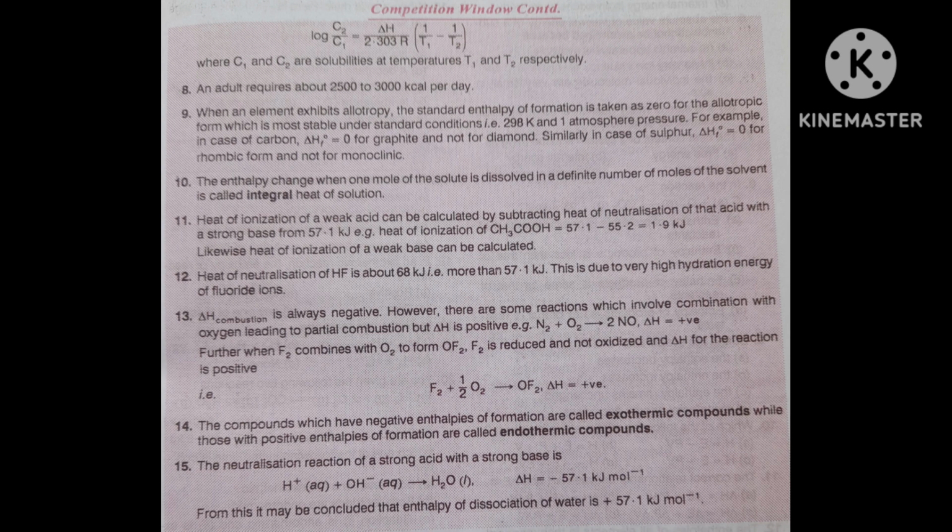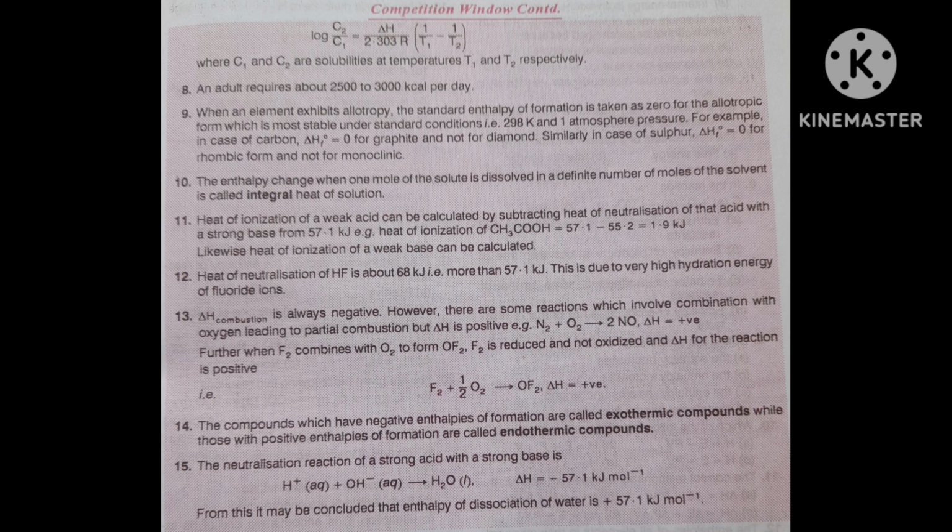So the heat of ionization of a weak acid can be calculated by subtracting the heat of neutralization of the acid with a strong base from 57.1 kilojoule.